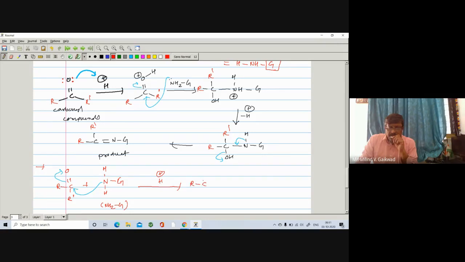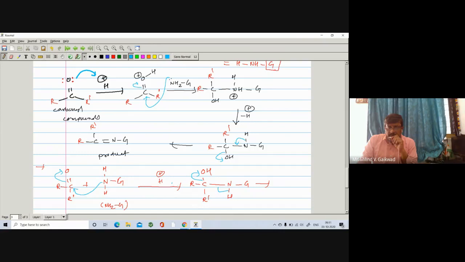So RC, here is an O, here is an H, right? Here is R dash, here is an N, here is an H, and here is a G, right? And further, it undergoes dehydration, right? It undergoes dehydration. So this will open on this OH negative, C positive.